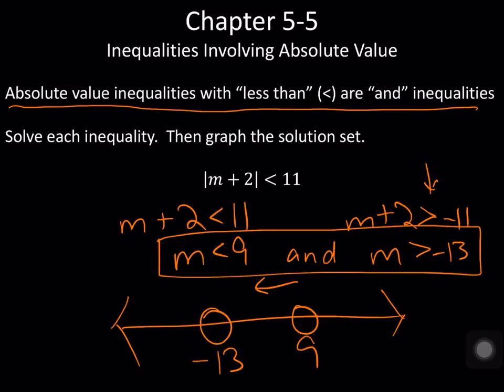Negative 13 is also an open circle, and it's going to shade greater than, in that direction. I think you can see that the overlap happens between negative 13 and positive 9. So this would be the graph of my solution. Now, take good notes. Notice what we've done here, and this next one is yours.